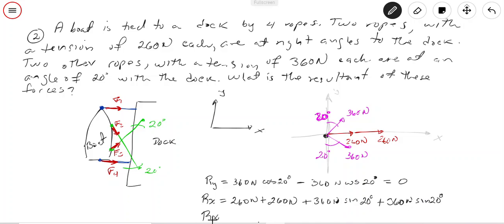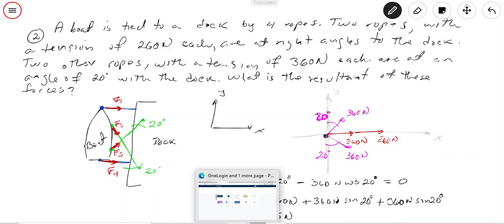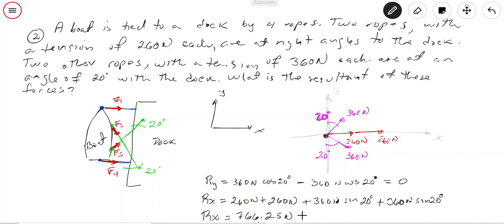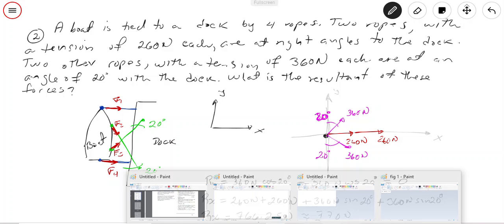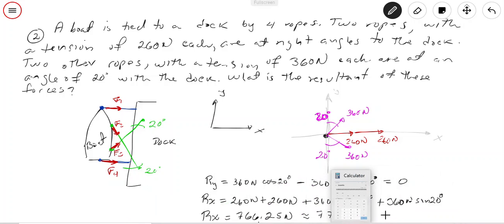So Rx will in this case be equal to 766.25 newtons, or you can round this and say 770 newtons. In what direction? To the right.